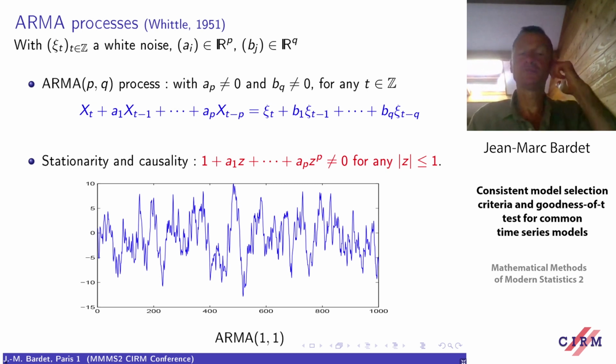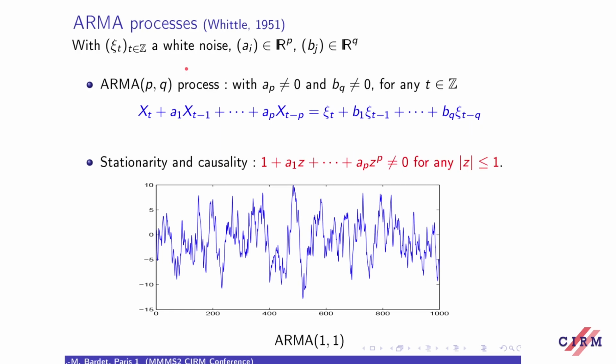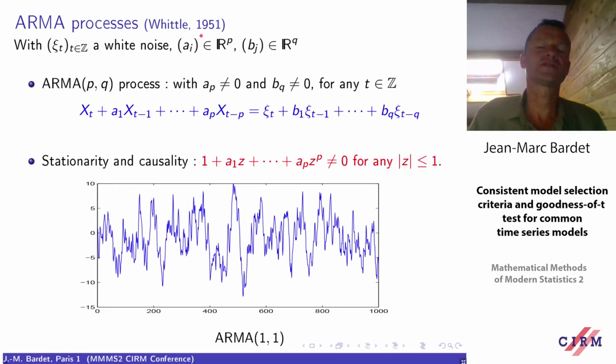Okay, so using both those definitions, we will provide two examples of time series which are well known. The first one will be the autoregressive processes, and more precisely autoregressive and moving average processes. This was introduced by Whittle in 51, but there was already with Yule in the 20s the first definition of such processes.